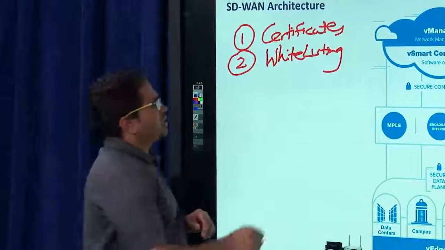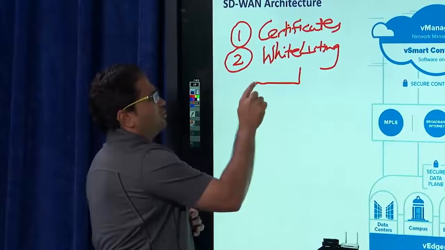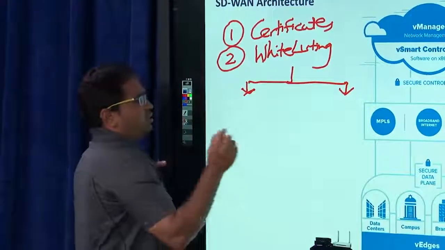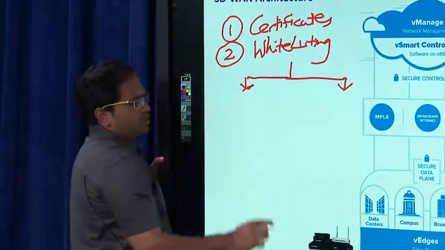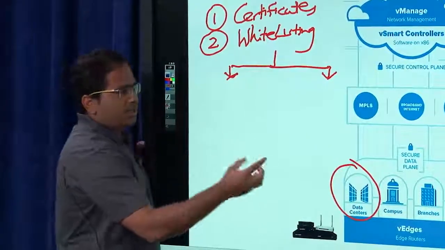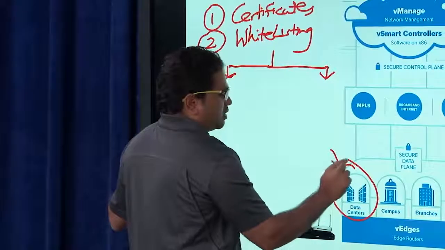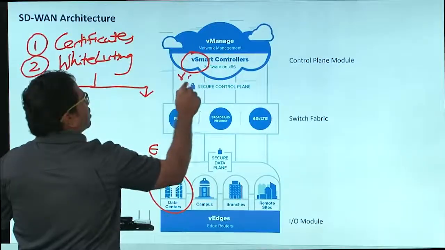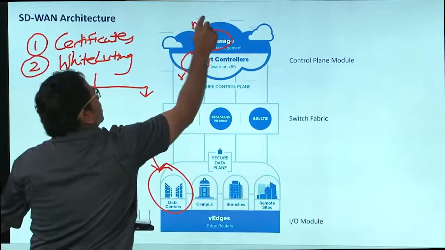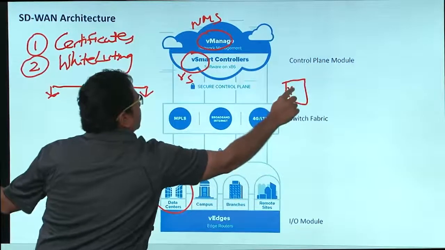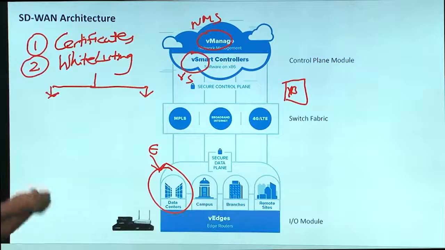So what this means is, for Viptela or Cisco SD-WAN, what we want to do is first make sure that the device itself, that could be the edge, the controller, the NMS, or even the vBond, the orchestrator, is actually a Cisco SD-WAN product.